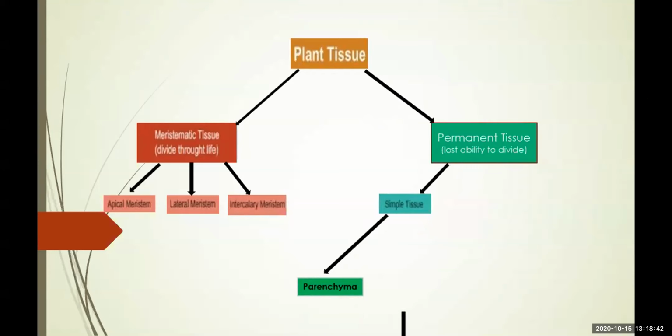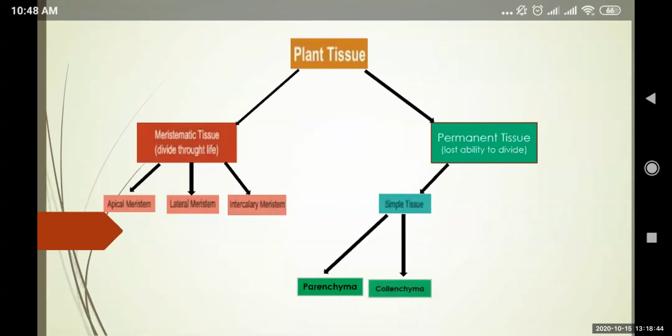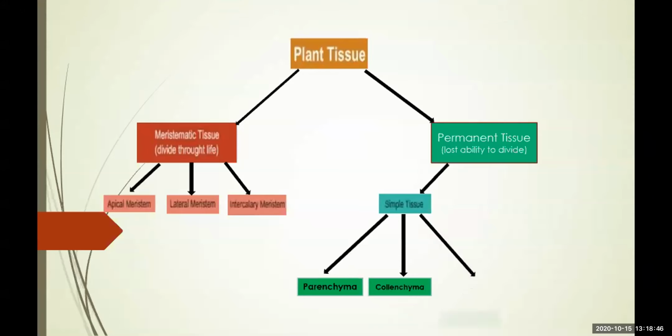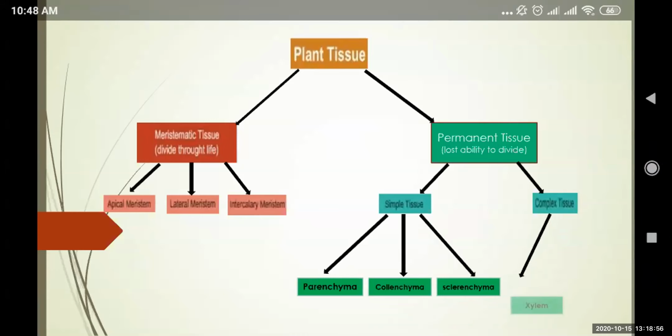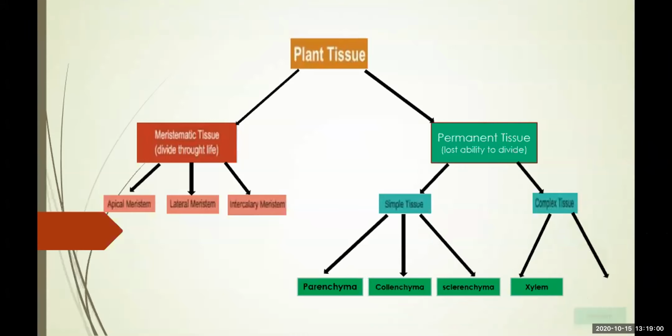First is parenchyma, second is collenchyma, and third is sclerenchyma. Then we have complex permanent tissues. In this, we have two types. One is xylem and the other is phloem. So today we are going to focus on this part, that is permanent tissues of plants.